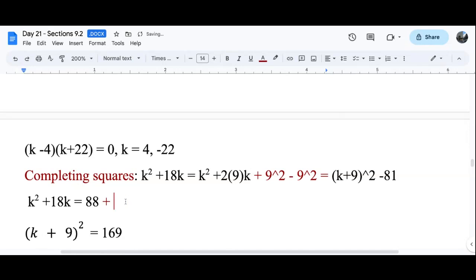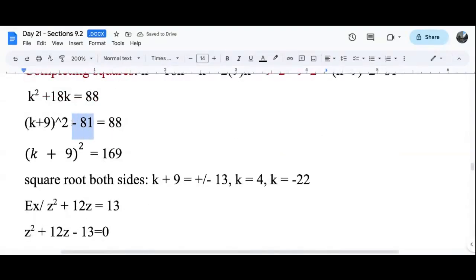So listen, we started with this because of the 88, right? Now this one can be written as this. So that means we can rewrite as k plus 9 squared minus 81 equals to 88.